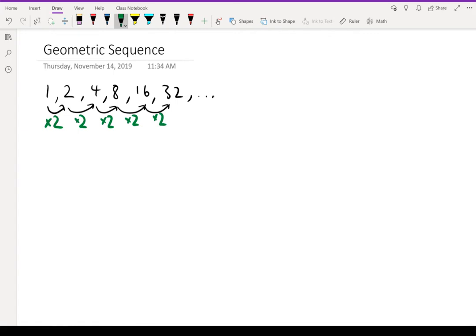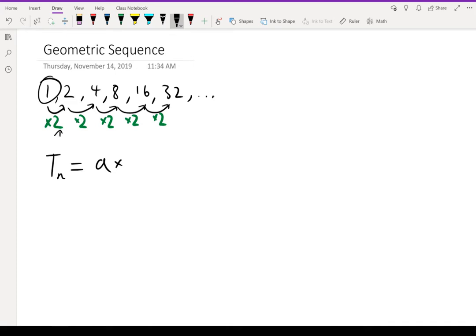Okay, so if we want to look at the general formula of a geometric sequence, we start off with the first term, which is a again. So let's say t of n, the nth term, will be the first term, which is a, and then we're going to multiply it by some common ratio r.